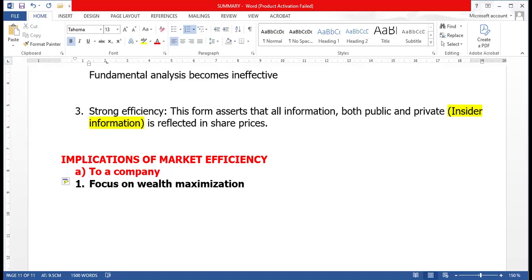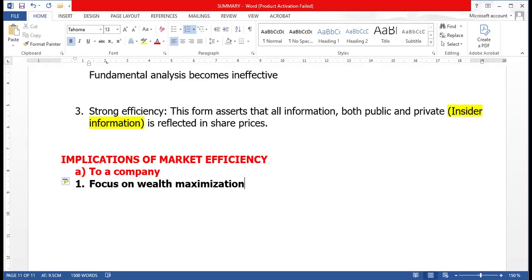We are saying that the security price, for example, let's say it is a share. Since the share price reflects all the available information, then you as the manager of the company try to make sure that you focus on making value-adding investment decisions rather than attempting to manipulate share prices.